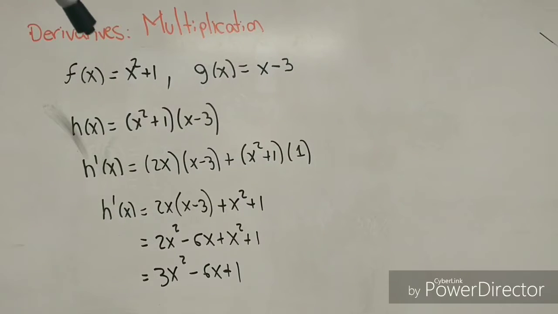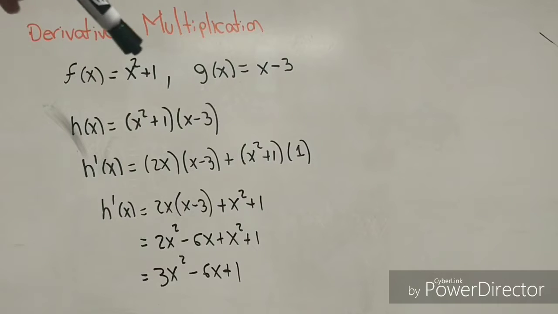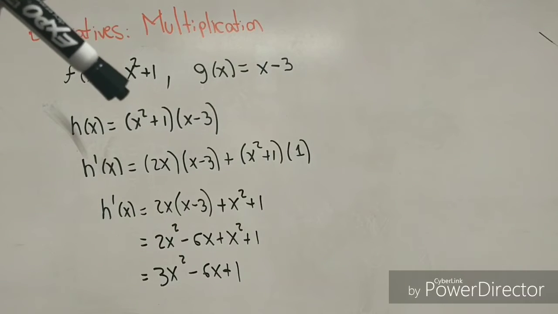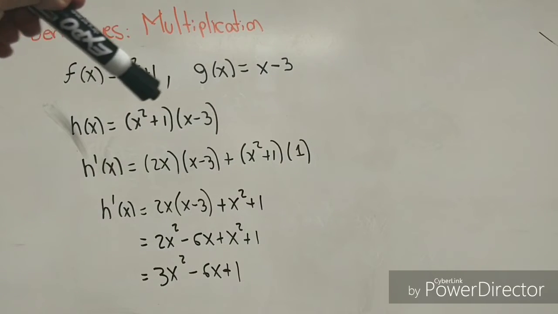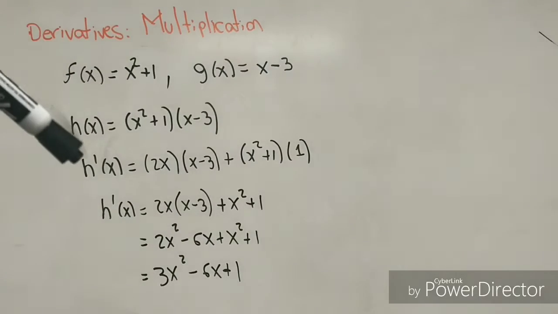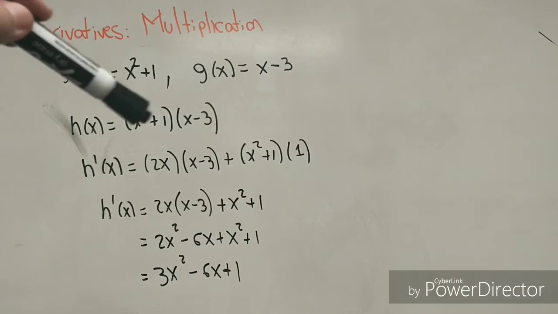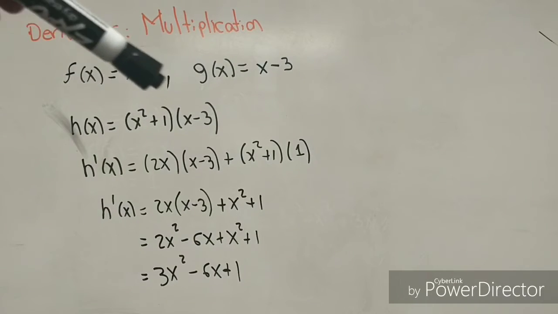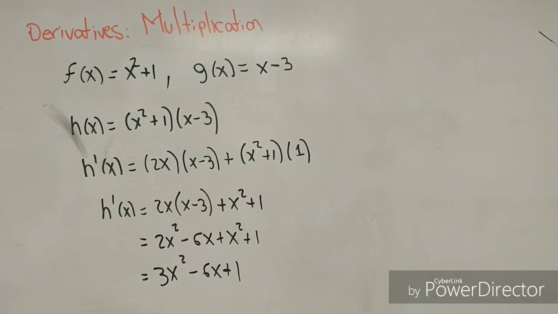We have f as a function which is x squared plus 1, and we have g which is x minus 3. If we multiply those functions, it's going to create a polynomial if we use the factoring cases. But we can use the derivative of the products without having to defactor these two products. So take a look at this example.